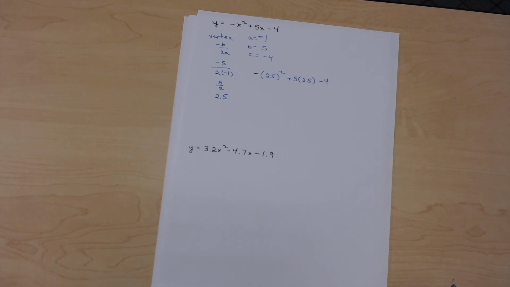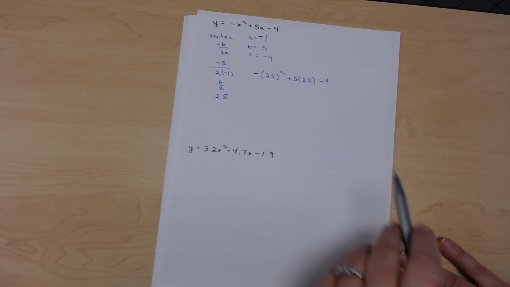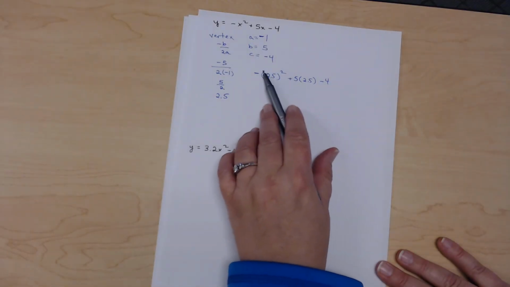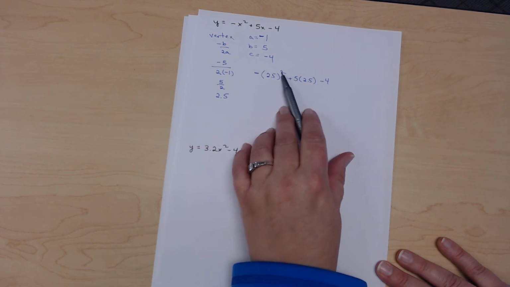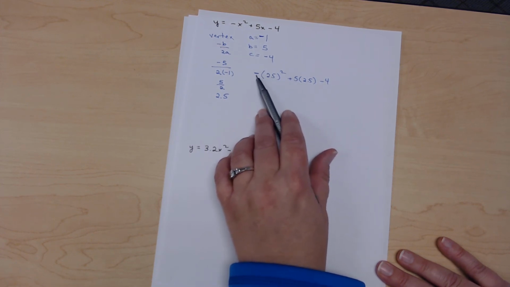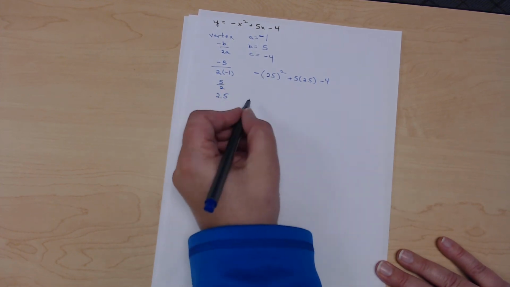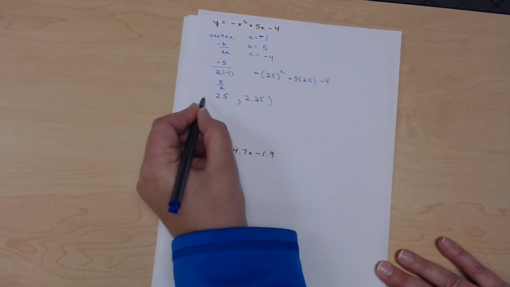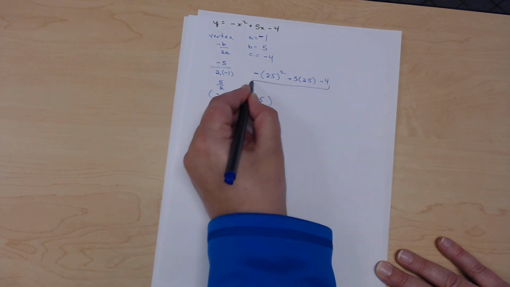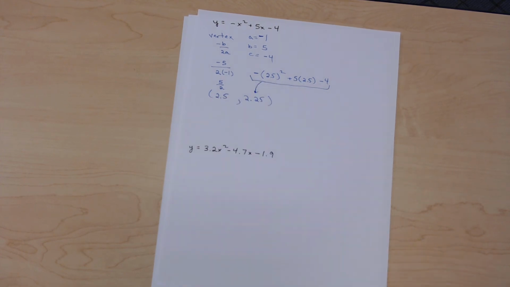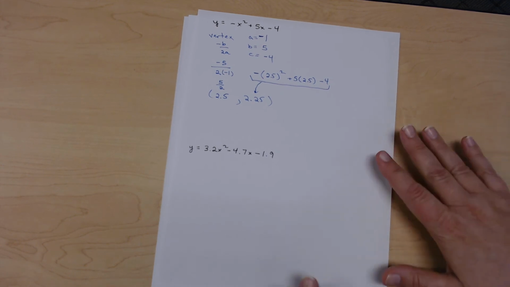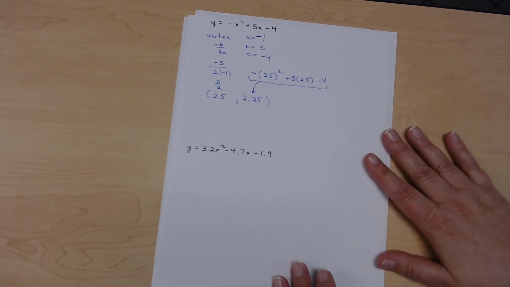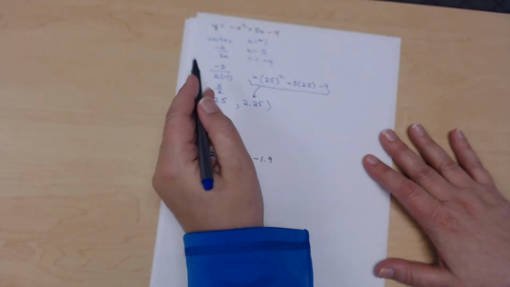Okay, so if we type that all into our calculator, it's very important that you square 2.5 and then make it negative. You should get 2.25. This here, including that negative on the outside, should give you 2.25. Okay, this one's a little bit harder. So that's the vertex.